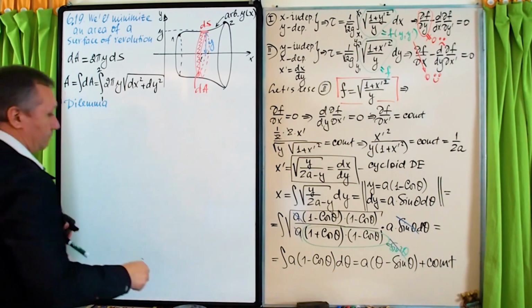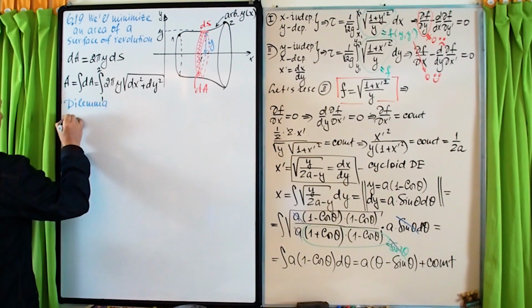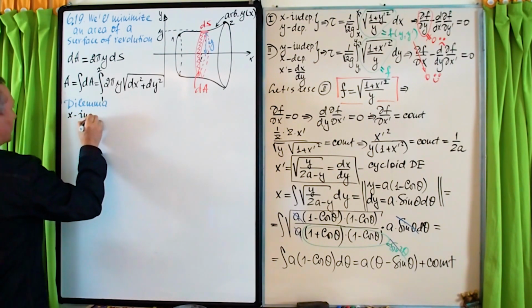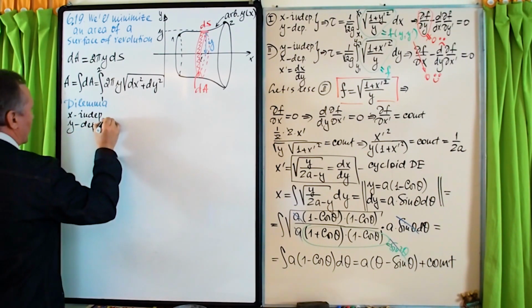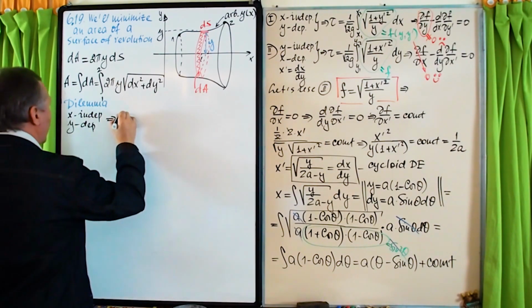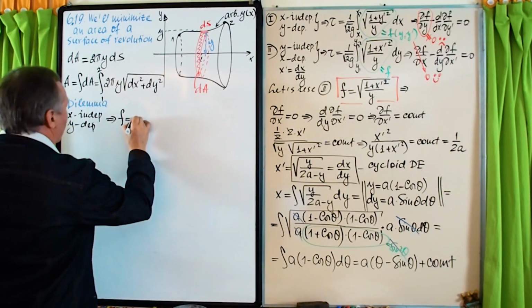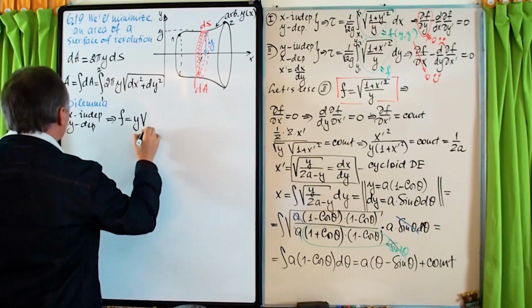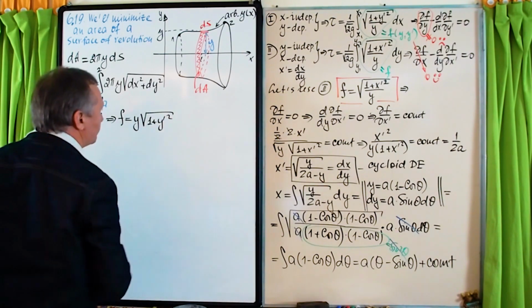So which case will I look at first? It doesn't matter. Let's start with x independent and y dependent. Of course, in this case, the function f will be what? y times the square root of 1 plus y prime squared, right?